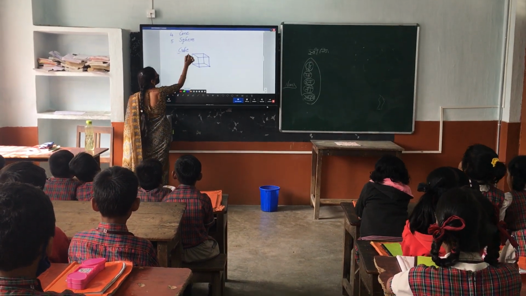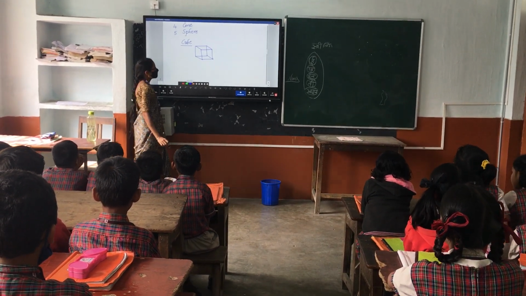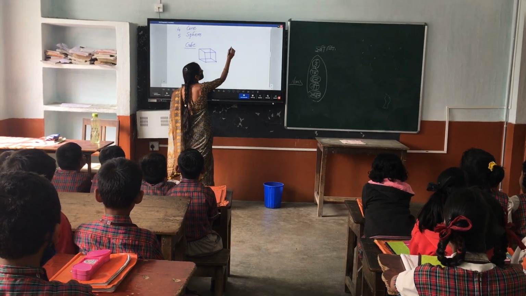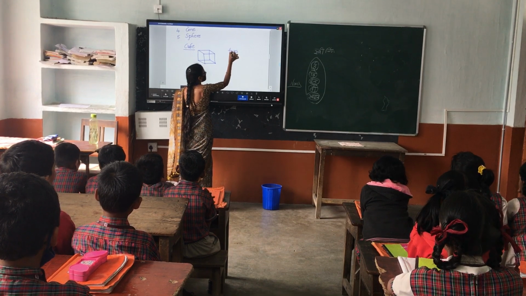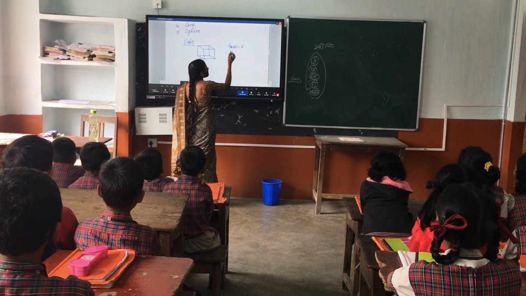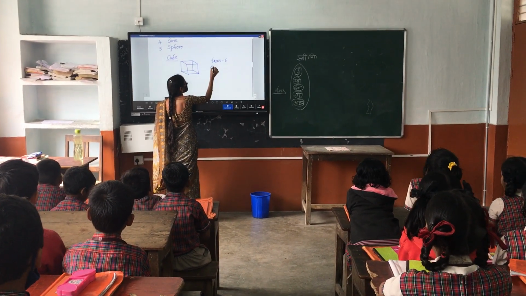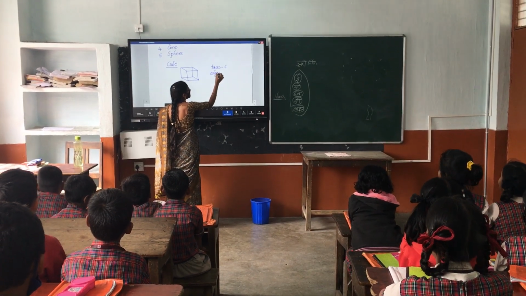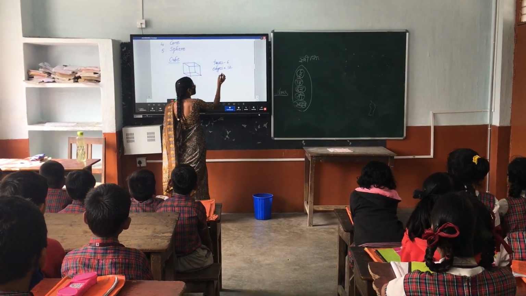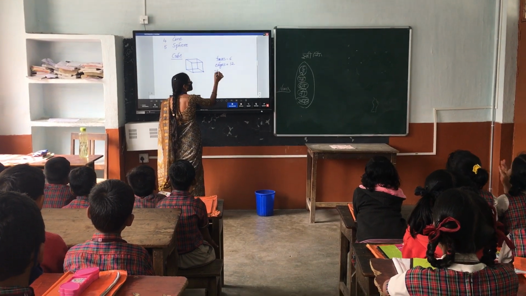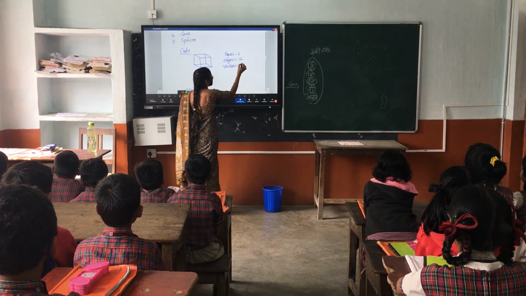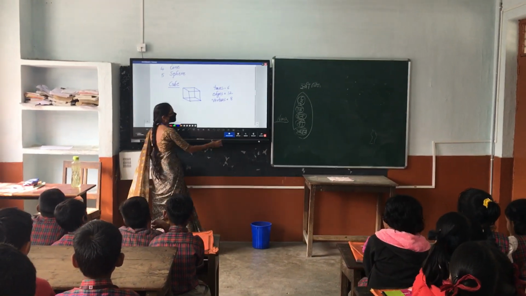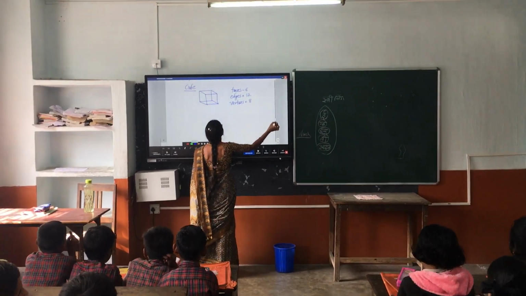It is like a cube. And if you observe, how many faces does this cube have? How many edges? How many faces? Okay. Next shape, what should we draw?